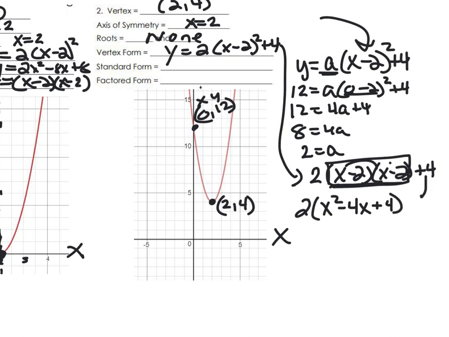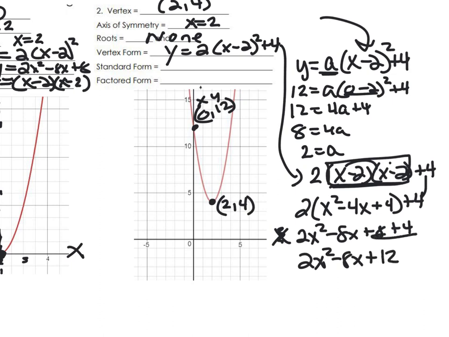Now bring down this plus 4 here. So distribute the 2. And I get 2x squared minus 8x plus 8 plus 4. They use this a lot, don't they? So 2x squared minus 8x, and 8 plus 4 is 12. So there's your standard form. 2x squared minus 8x plus 12.